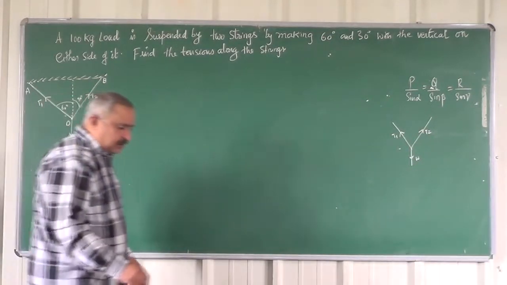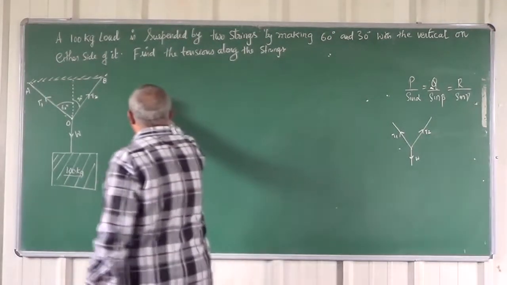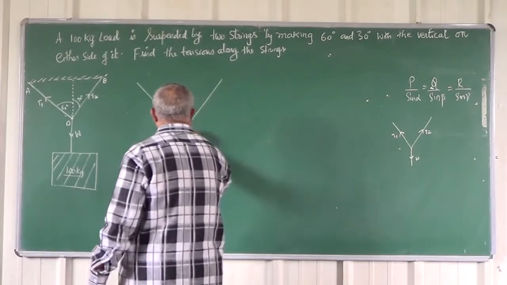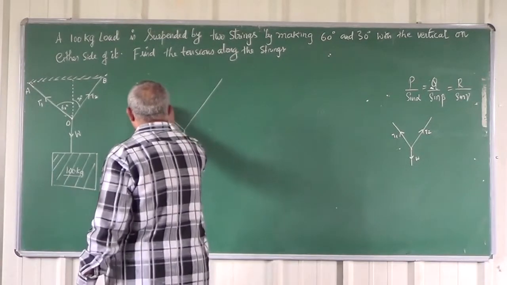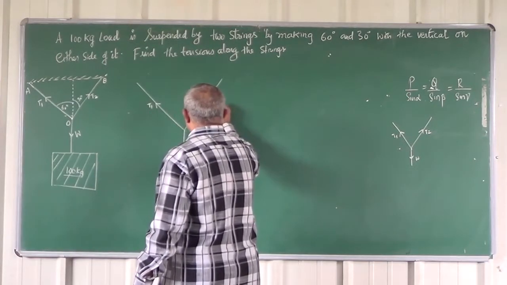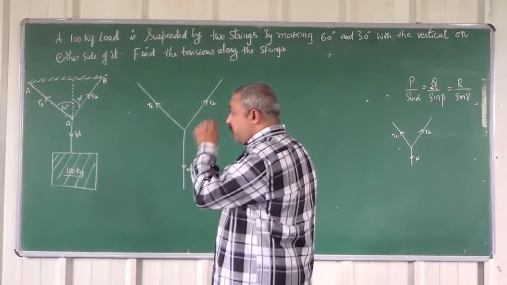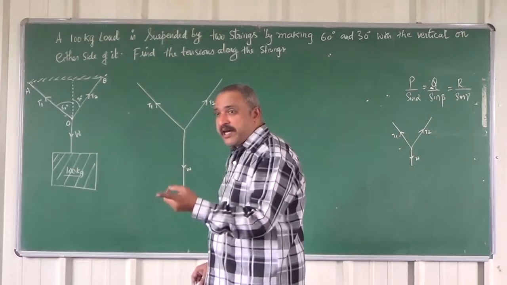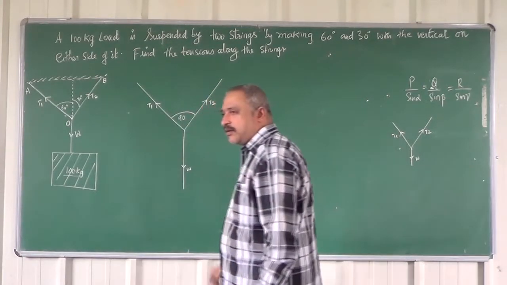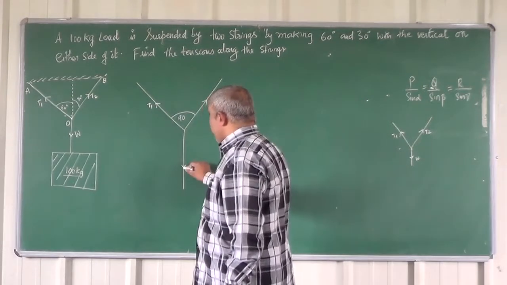Now, I will write one more diagram by indicating the angles. What is the angle between T1 and T2? 60 plus 30, how much? 90 degree. What is the angle between T1 and W?